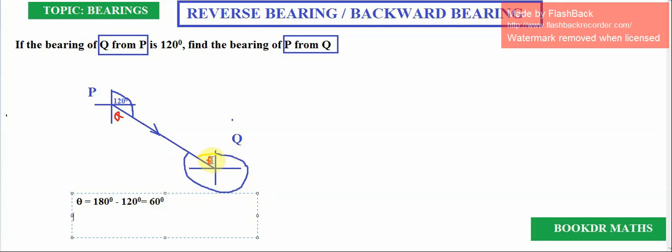Now we know the value of theta is 60, so we can take that out of 360, and the remaining will be the bearing of P from Q. So the bearing of P from Q will be equal to 360 degrees take away the value of theta, and that is 60 degrees, and our answer will be 300 degrees.